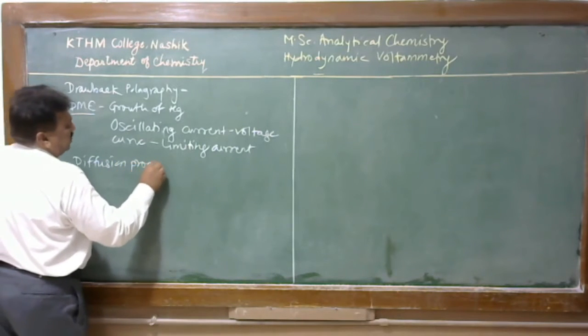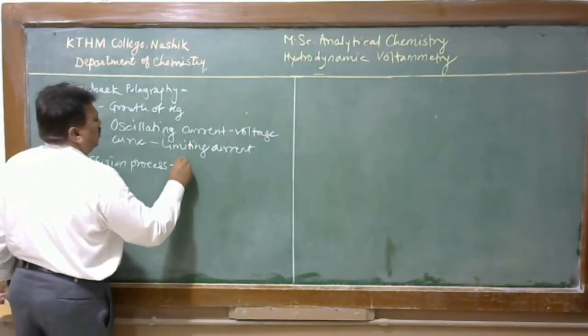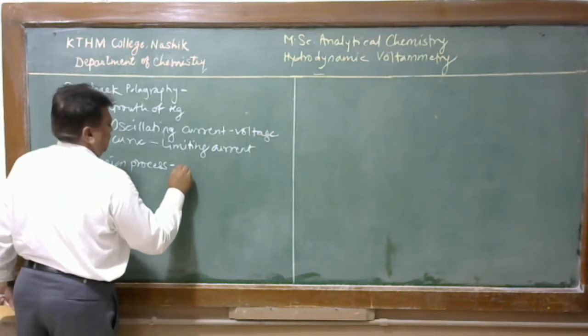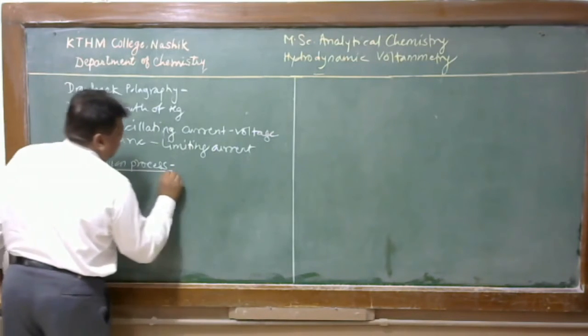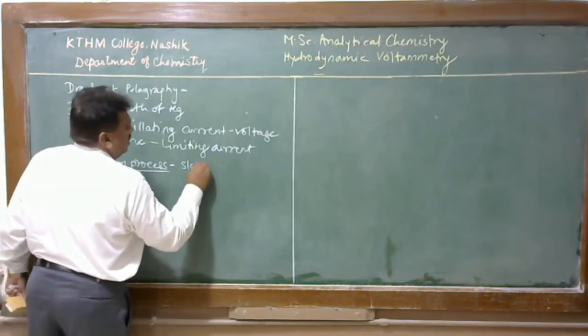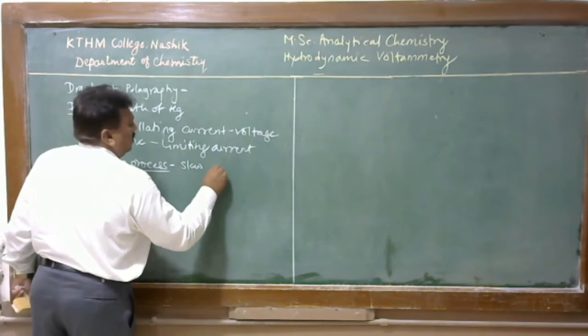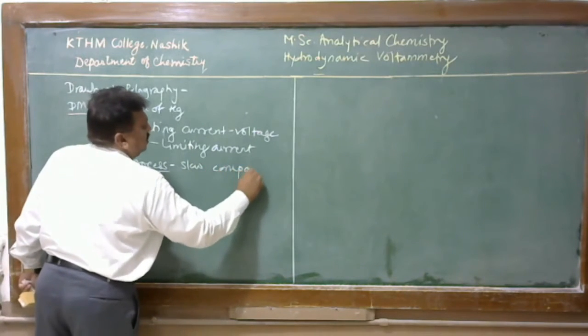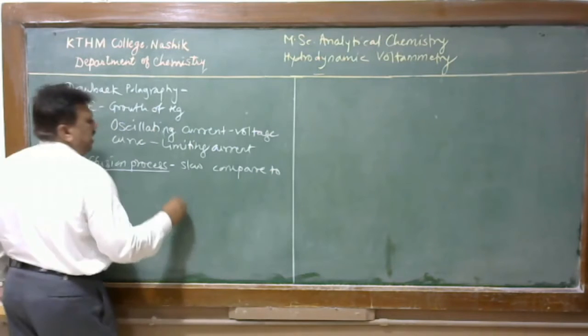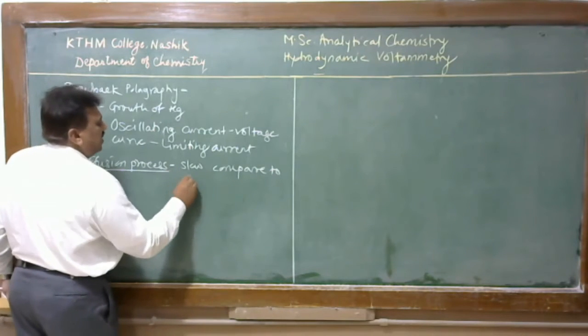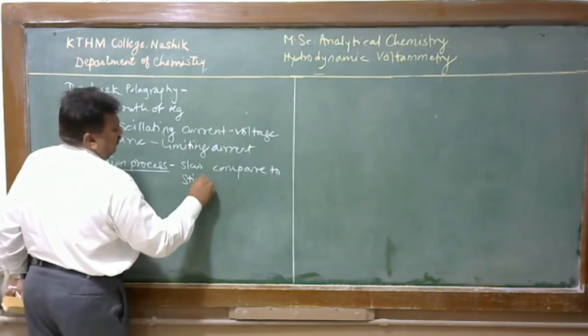Second disadvantage is that in polarographic analysis, diffusion process transports ion to the electrode surface, and due to this, diffusion process is very slow compared to hydrodynamic voltammetry or compared to stirring of solution.